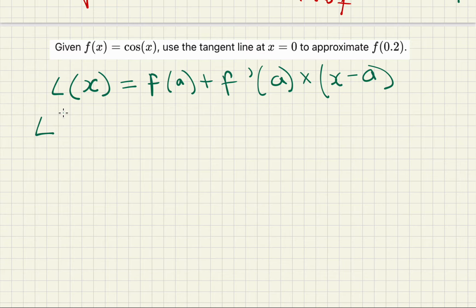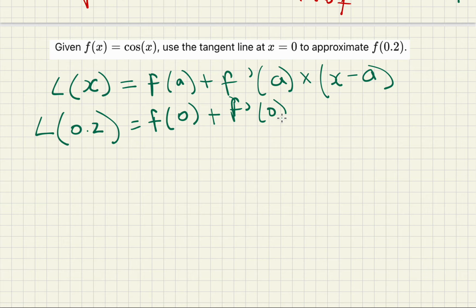And now plugging in our values, x, which is what we're approximating, in this case it's 0.2, plug that in, and a, which is the value of x at the tangent line, that is 0 in this case, f prime of 0 times x, which is 0.2, minus a, which is 0.